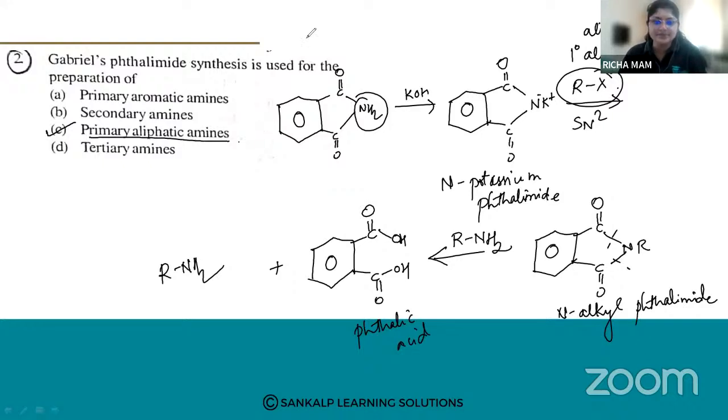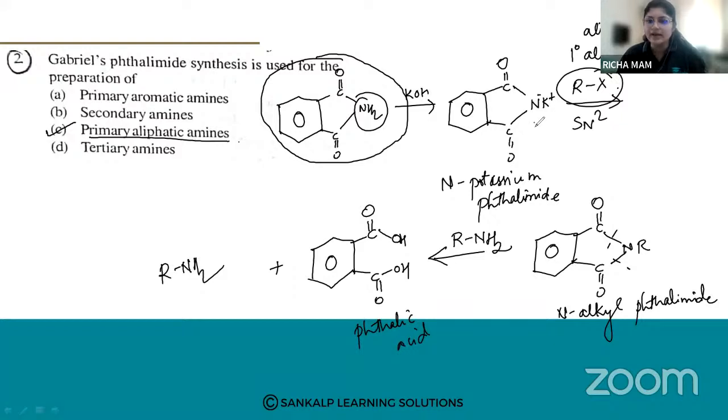Okay, is it clear? So this is the Gabriel phthalimide synthesis. The starting reactant is phthalimide. This phthalimide you are going to treat with KOH, that is potassium hydroxide, a strong base.